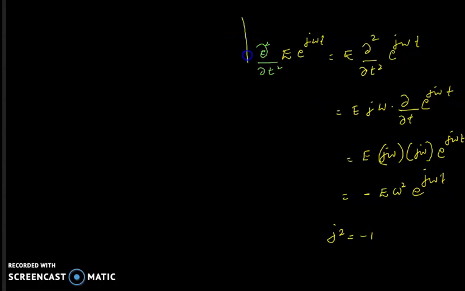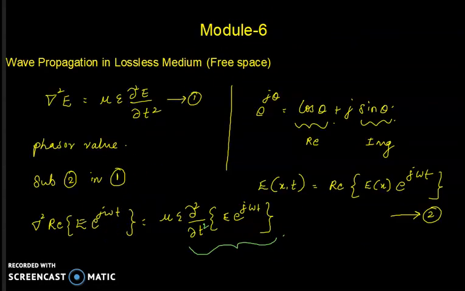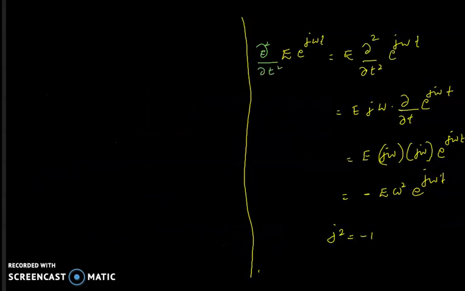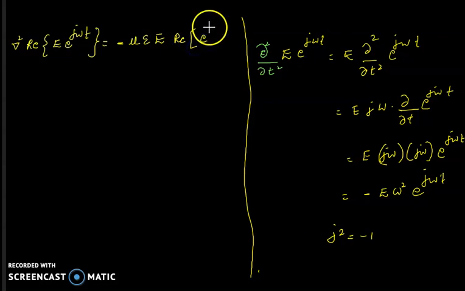So we substitute here in our previous expression. This becomes del square of the real part of E e power j omega t is equal to minus omega square mu epsilon times the real part of E e power j omega t.